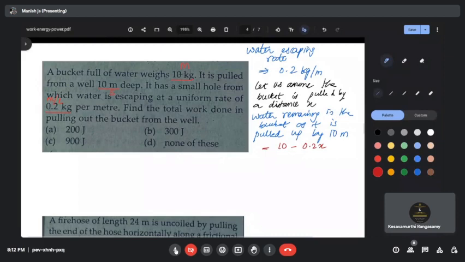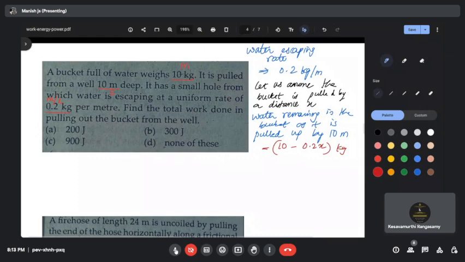So 10 minus 0.2x kgs is the amount of water that is going to remain as you pull it upwards, because the mass is 10 kg. So we are trying to generalize. I hope this is clear so far.